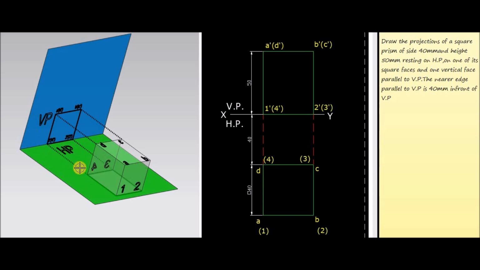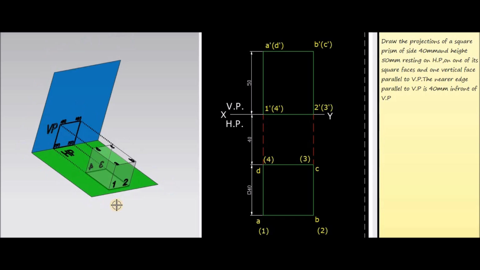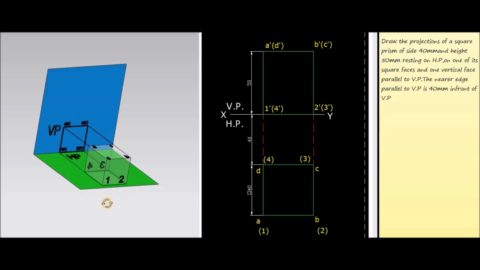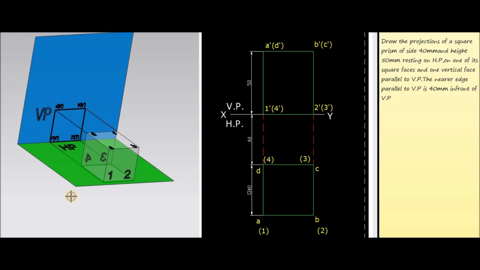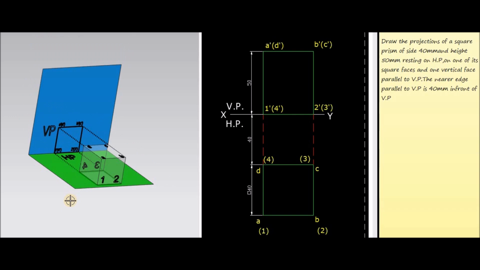That means the parallel face is at a distance of 40 mm from the vertical plane. And another point given is the height of the prism is 50 mm. That means the distance 1A or 2B is equal to 50 mm. So this is the present condition, and we have to draw the projections of the square prism.